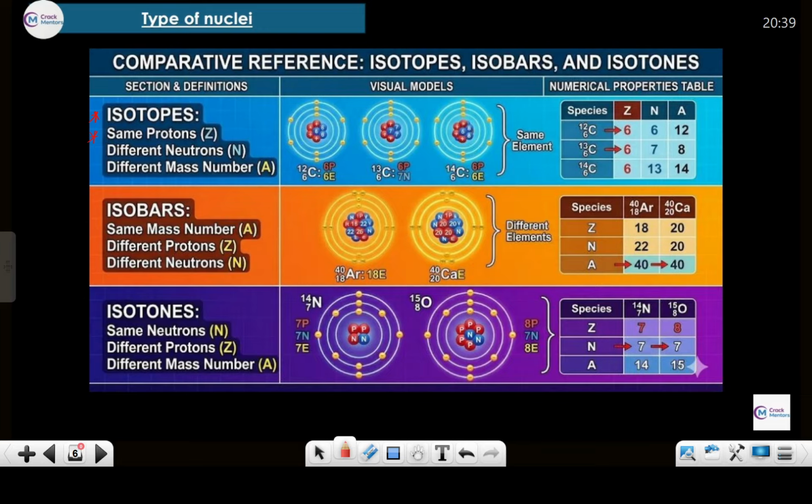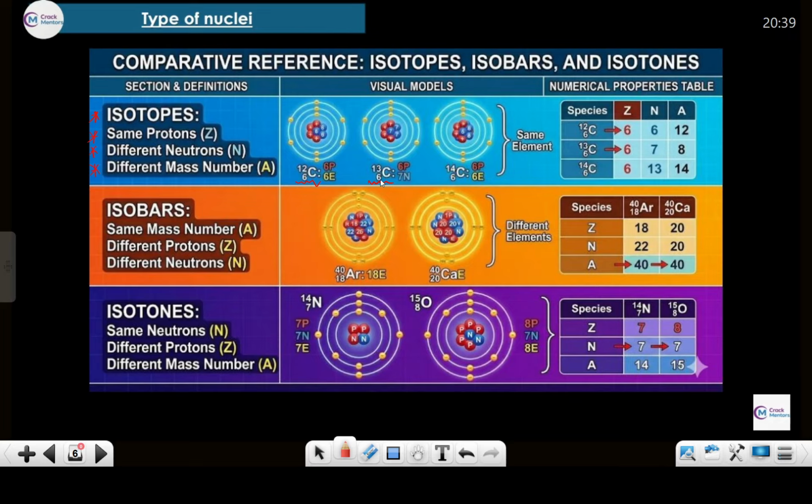So isotopes are atoms that possess the same number of protons, but a different number of neutrons and a different mass number. Here we have six protons and six electrons, which is a carbon isotope.